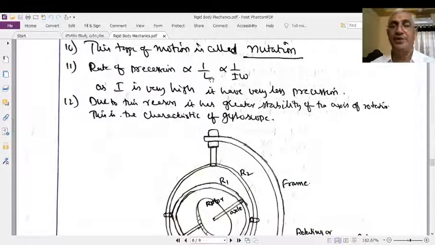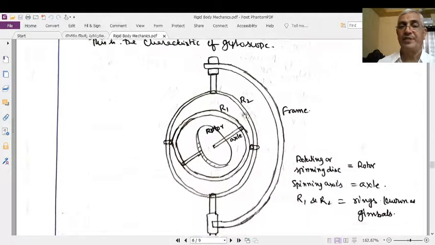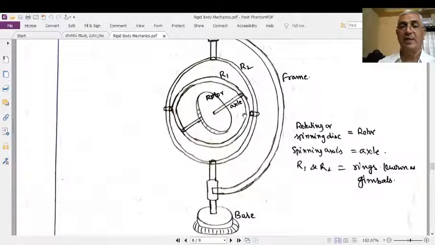Angular momentum is very high, therefore the precessional rate is very less, and therefore more stability is there for the total system.